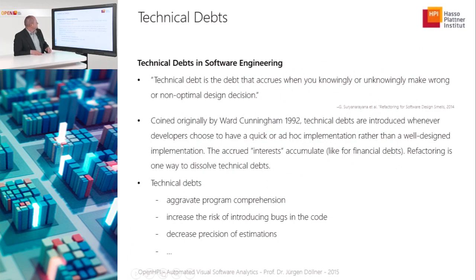Technical debt is a debt that accrues when you knowingly or unknowingly make wrong or non-optimal design decisions. So this is one way to describe technical debts in software engineering.